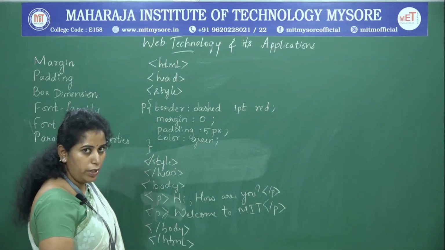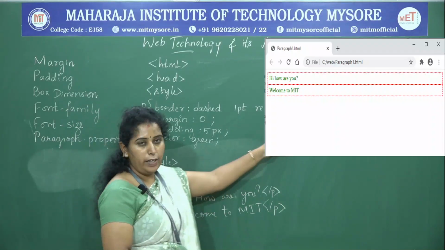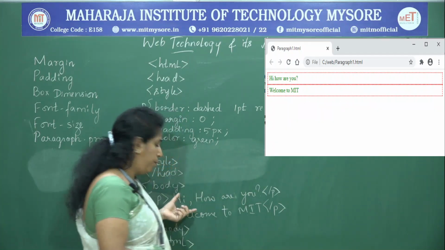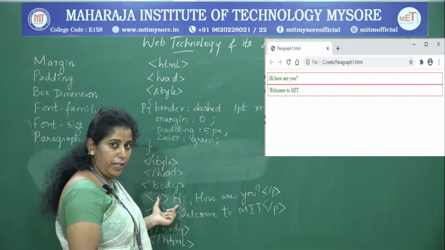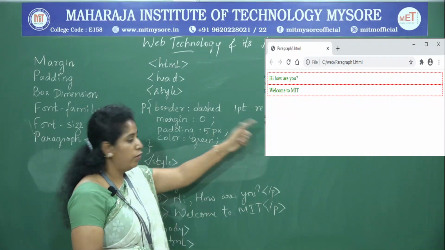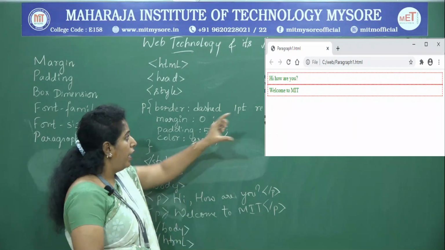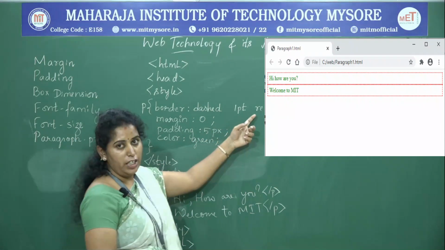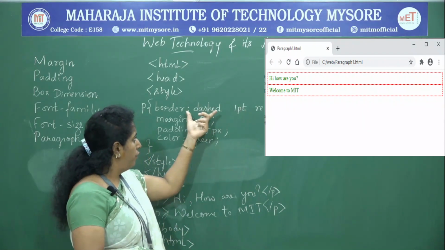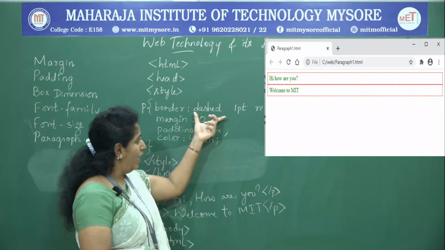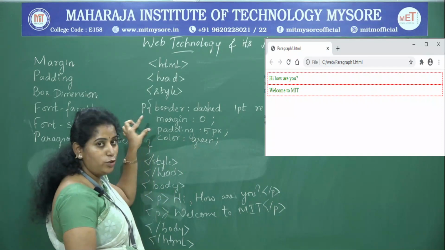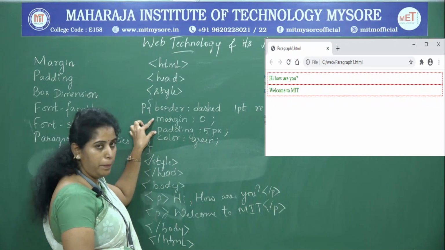Let us run the program. After running, you can look into the output where the content of paragraph 1 is printed, hi, how are you, in which color? Green color. And you can notice the border has been created with which color? Red color, and of style dashed, and of width 1 point. Now I have to highlight 2 points, that is margin and padding.